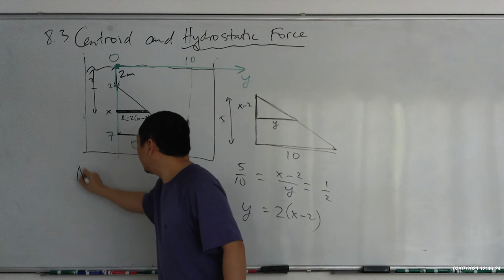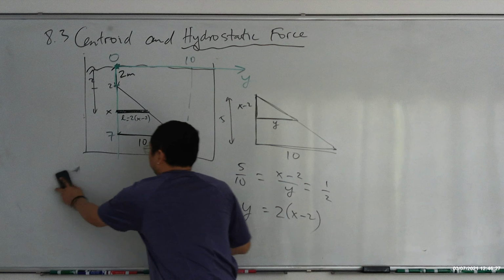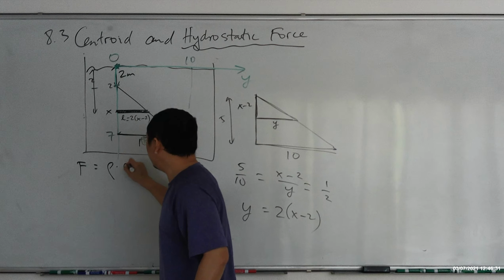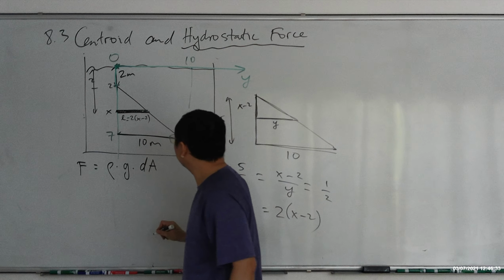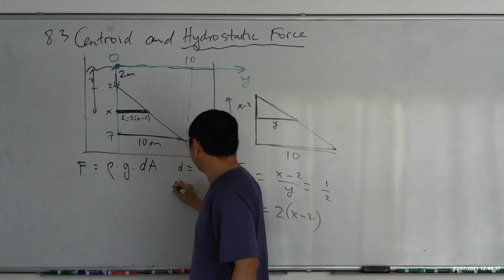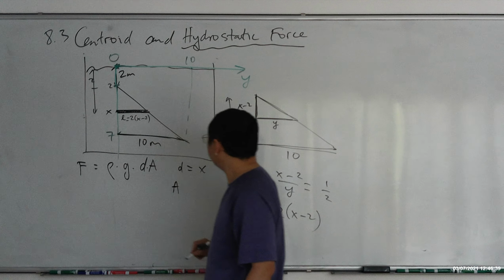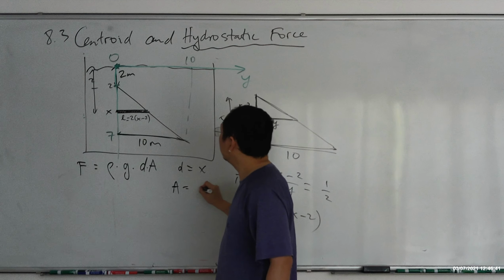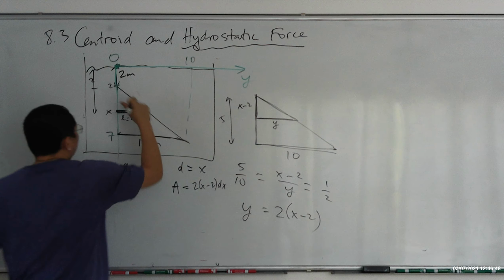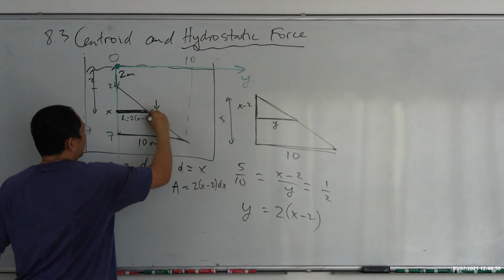The hydrostatic force is rho times g times d times A, and the depth is x, and the area is the length times the width, which is 2 times x minus 2 times dx. X is the distance, and this is dx.